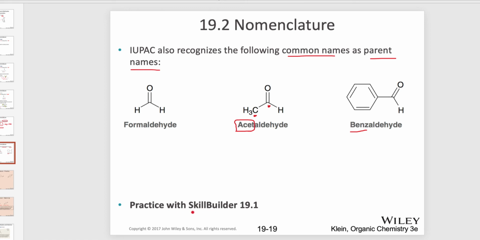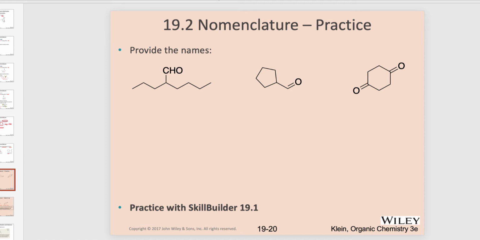And you can, of course, practice this. As I've encouraged our students many, many times, please include just a couple of problem-solving examples. Look at some of the homework as you're doing your reading through the textbook. So how would you provide the names for these three structures? You can pause the video here.